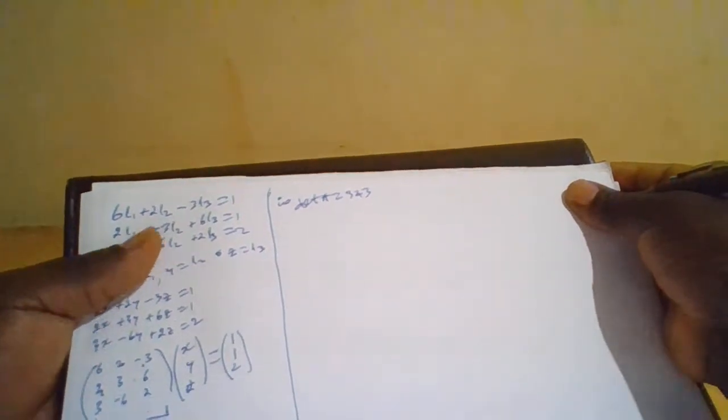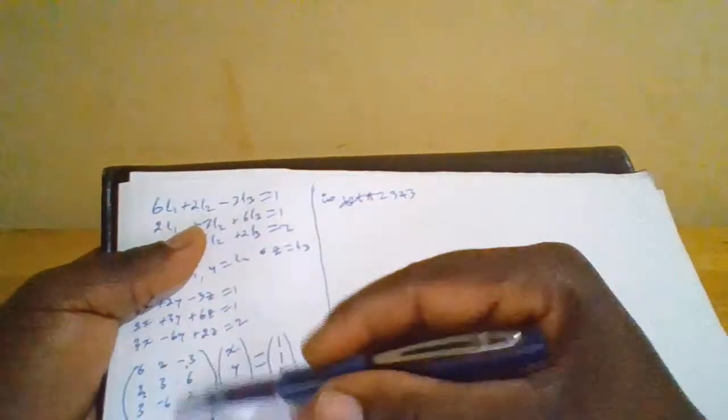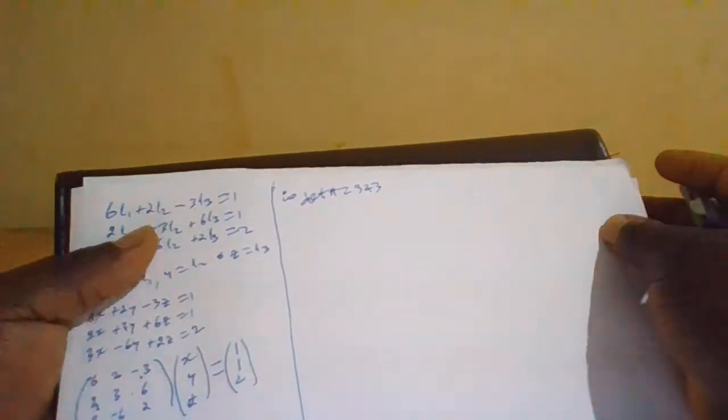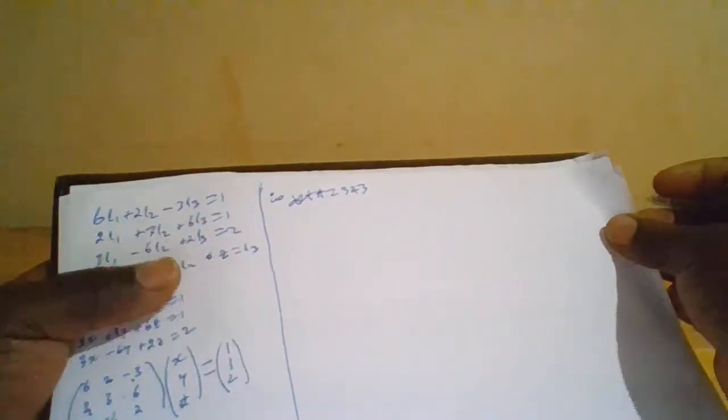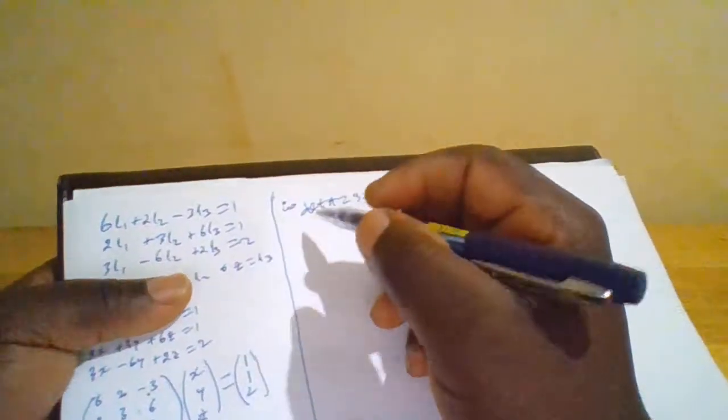Now after getting the determinant of this matrix, we get the matrix C of cofactors.